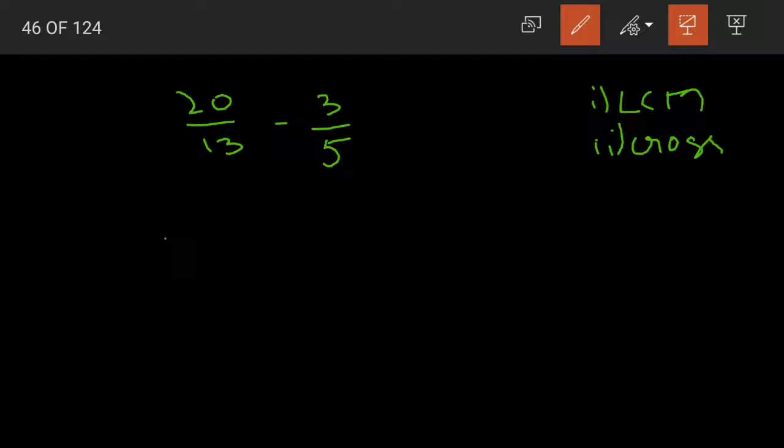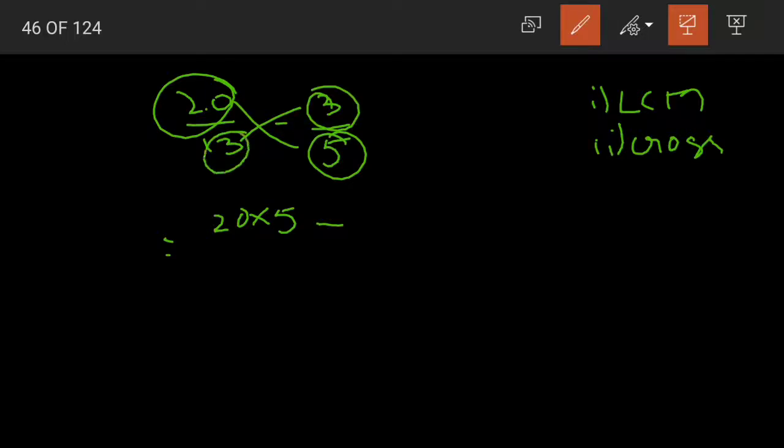Yes, so even here what you can do is, for subtracting these two, cross multiply. 20 into 5 minus 3 into 13.